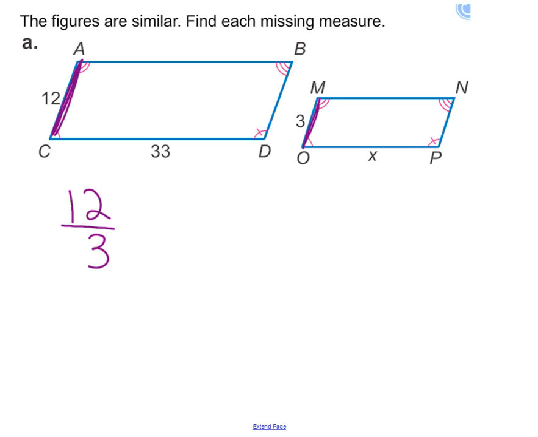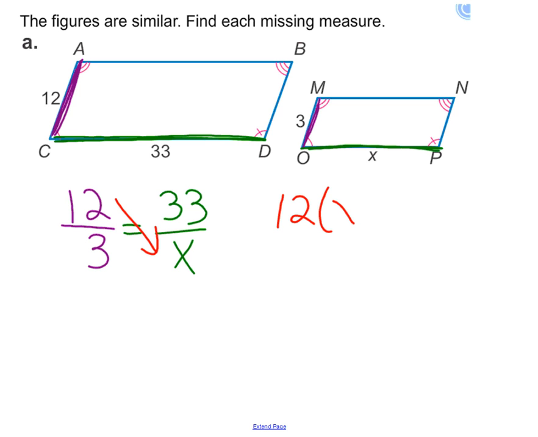And then my next pair of corresponding sides is CD, which is 33, and that corresponds to OP, which is X. Okay, so in this problem, I just skipped the step where I actually wrote out the letters. AC corresponds with MO, and I just went ahead and started with my proportions. As soon as you're comfortable with that, you can start doing that as well. All right, so now we can do our cross products, 12 times X and 3 times 33.